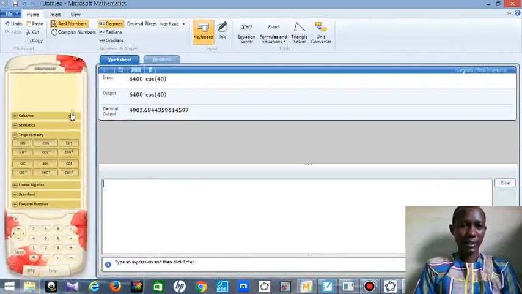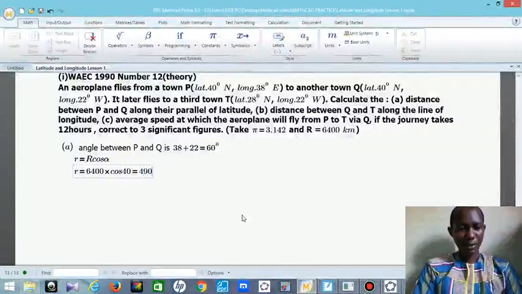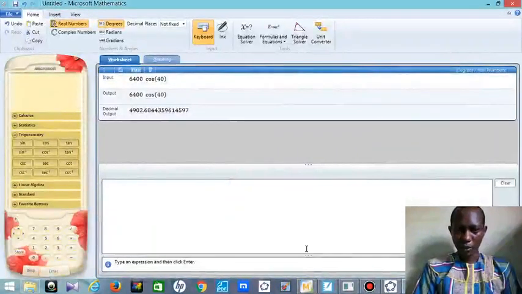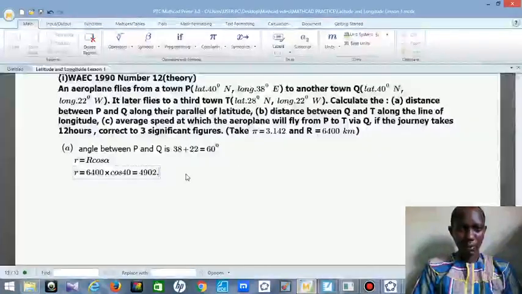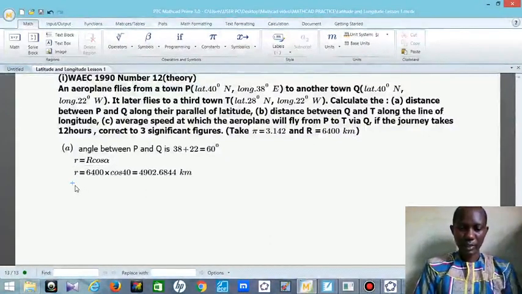So my answer is 4,902.6844, taking it to 4 decimal places. It's always in kilometers because you can see the capital R is given in kilometers, so it will still be in kilometers. Okay, so let's move on.